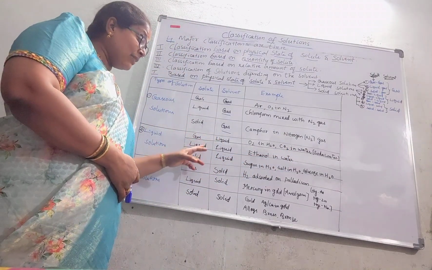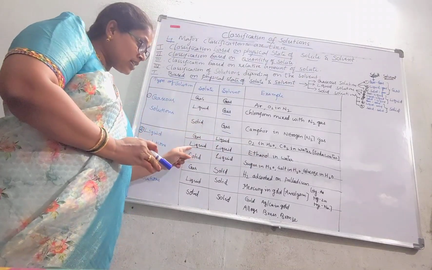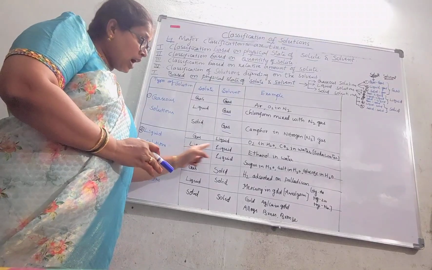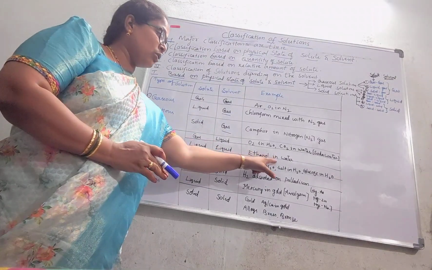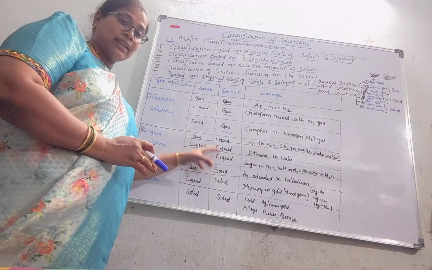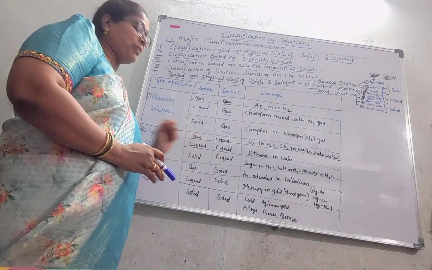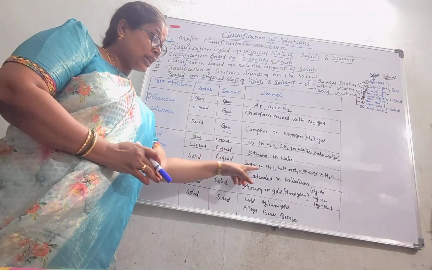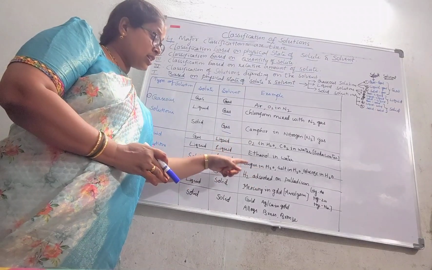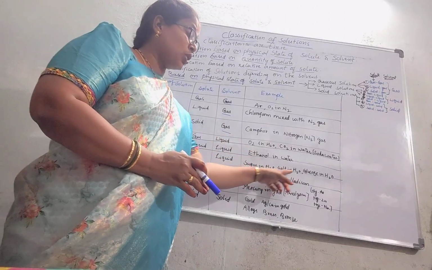And then liquid in liquid type. Ethanol in water. Both are liquids, but one is the smaller quantity one, solute, and the other is the larger quantity one, solvent. Okay, ethanol in water is an example for liquid in liquid type. And then solid in liquid type. Generally we drink sugar in water, salt water, sugar solution, glucose in water.